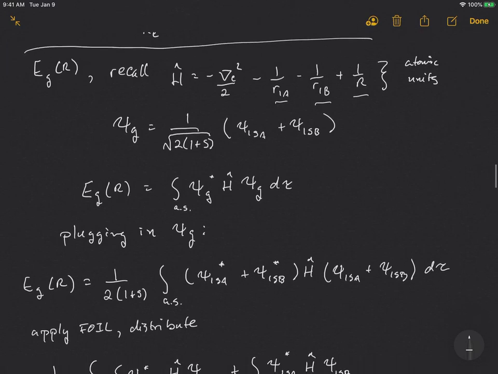So we have the two components then that we need to calculate our variational energy. So our variational energy is this E g sub R, and it is given by an expectation value integral that looks like this.